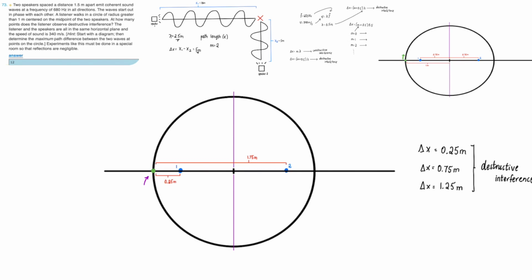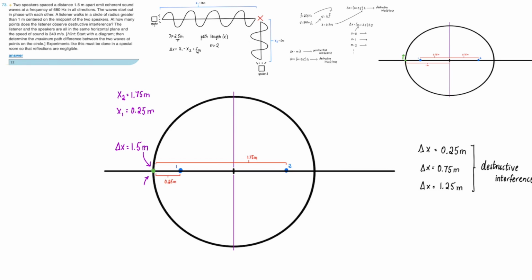So the path length of the sound produced by speaker 1 would be 0.25 meters. So in this case, our two path lengths are 1.75 and 0.25. And so at this position, at the green dot right here, our path length difference would be 1.5 meters.